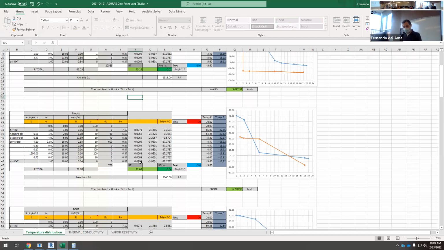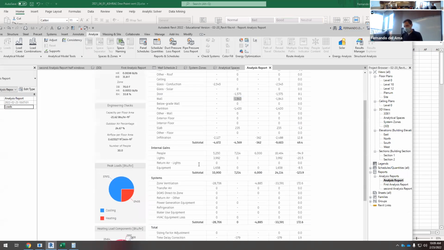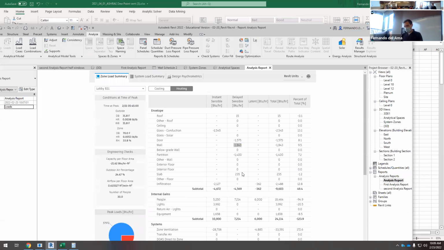And in the Excel tool, the wall was 5,000. It still works. Why is that happening? We don't know, but that's interesting because now by the way, we have reduced the thermal load. It was 19,000. Now it's 9,000.